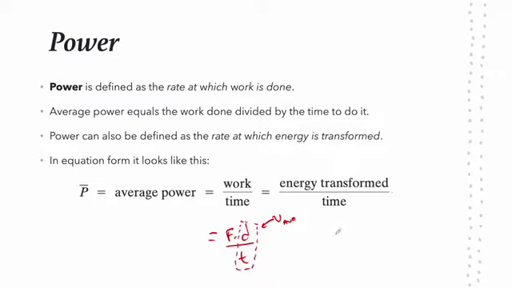So we can also say that average power is equal to force times average velocity, where this velocity needs to be constant.